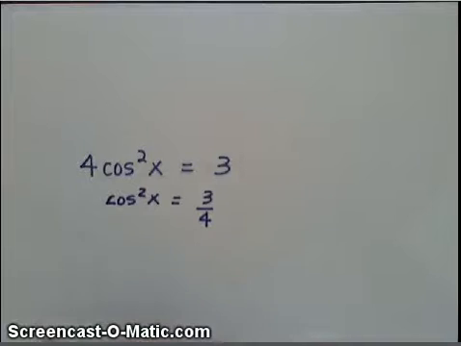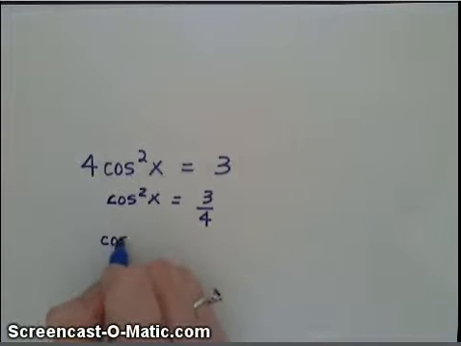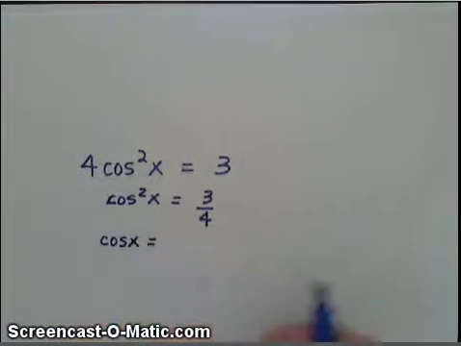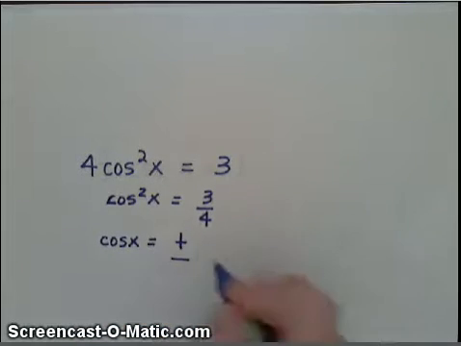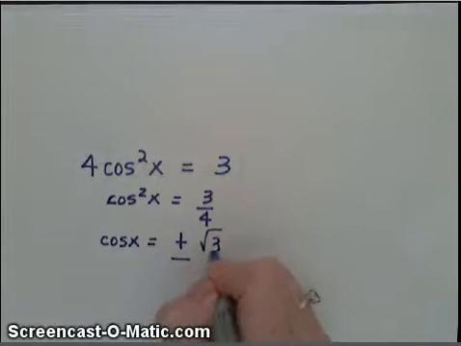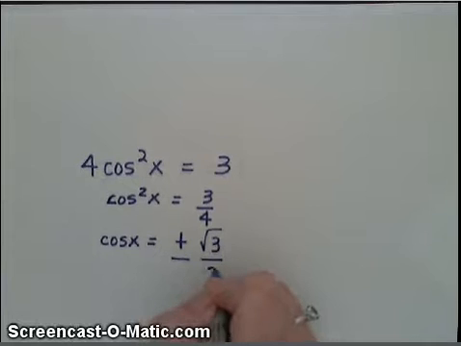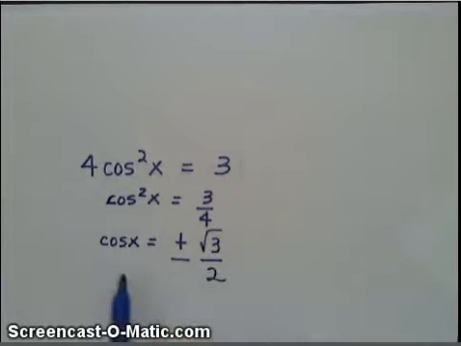Then you want to take the square root of both sides, giving you cosine x is equal to, and remember, when you do that, you get a plus or minus. Take the square root of 3, it is the square root of 3. Take the square root of 4, it is 2. So basically, we want to know where cosine x is equal to plus or minus square root of 3 over 2.